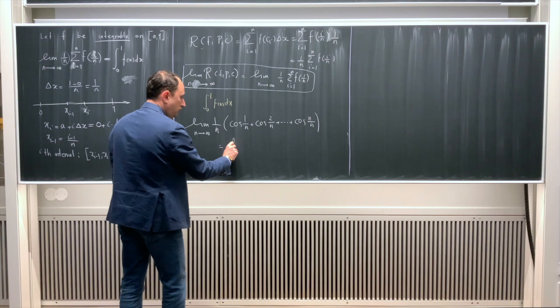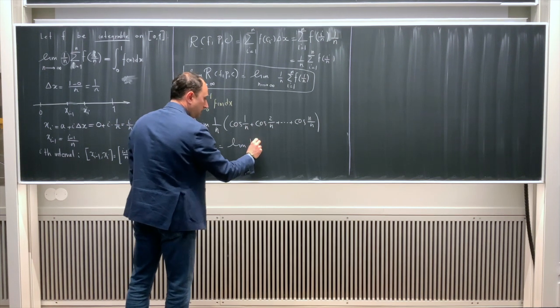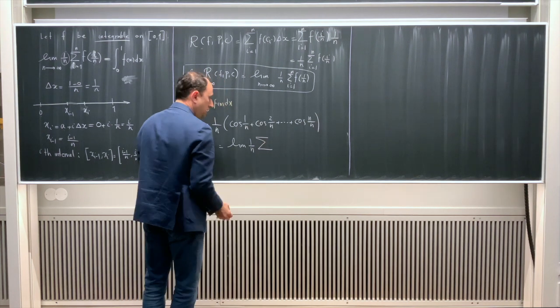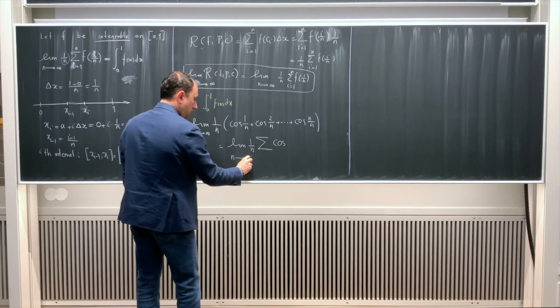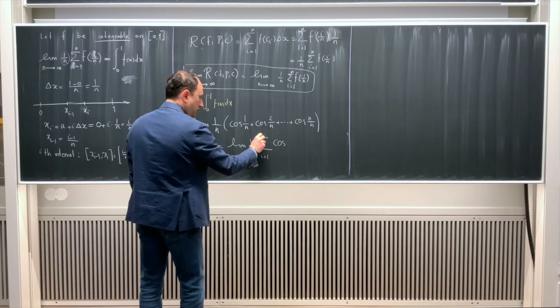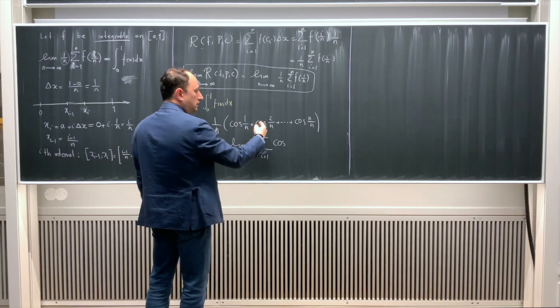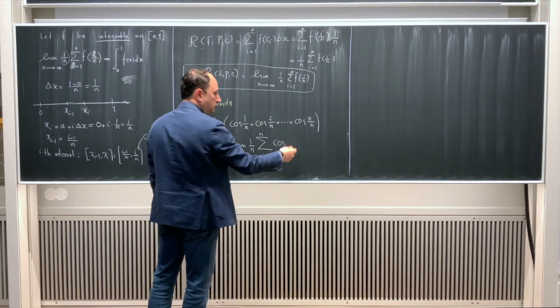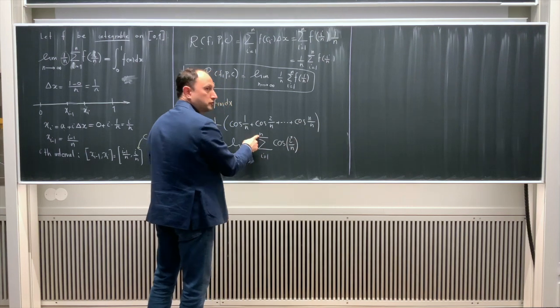So you write the limit, 1 over n, and then a sigma. Can you write this in the sigma form? Okay, how should I write it? It is cosine of 1 over n, then 2 over n, then 3 over n. So I can write it as i over n, and i goes from 1 to n.